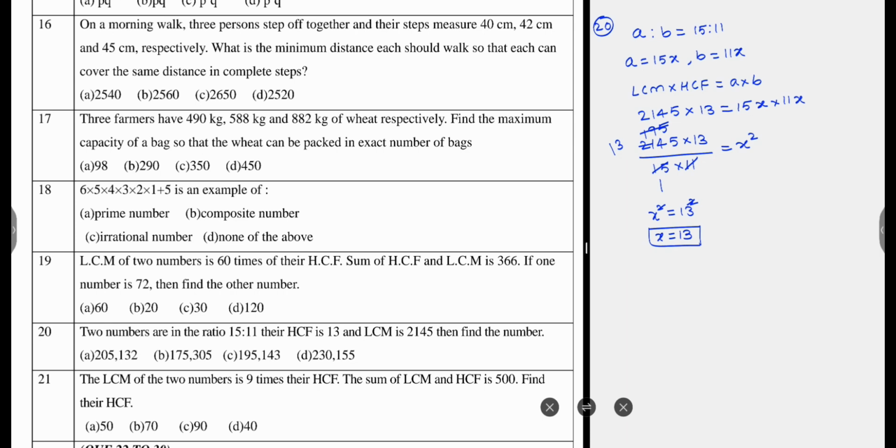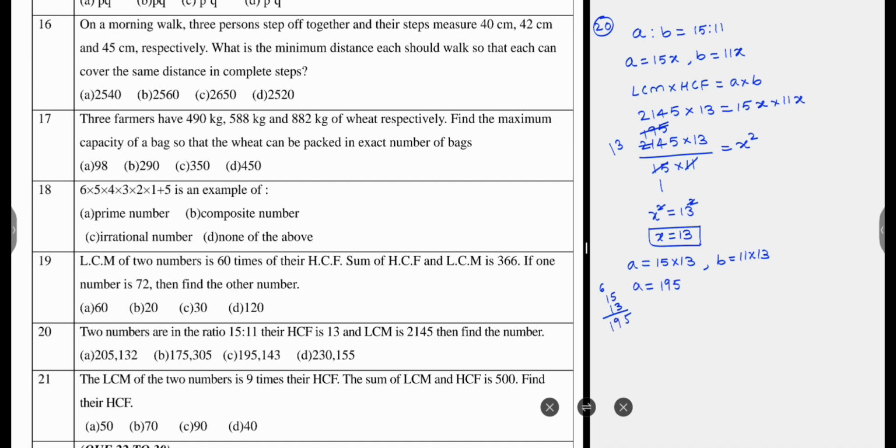They are asking to find the two numbers. That is A is equal to 15 into 13 and B is equal to 11 into 13. 15 into 13, how much is it? 195.